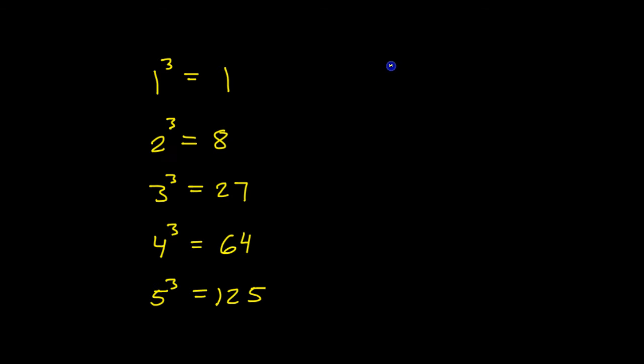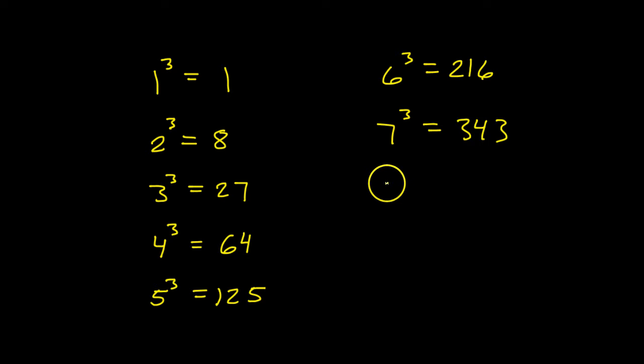Let's do a few more though. So 6 to the 3rd power is 216. 7 to the 3rd power is 343. Okay, I'm getting a little dicey here.